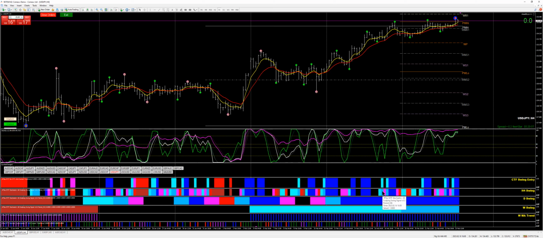The darker cyan, dark cyan, is when both of them are above 50 and they're in the same direction. Okay. Now, magenta is when both of them are below the 80 and are matching the direction. So that's what that is.